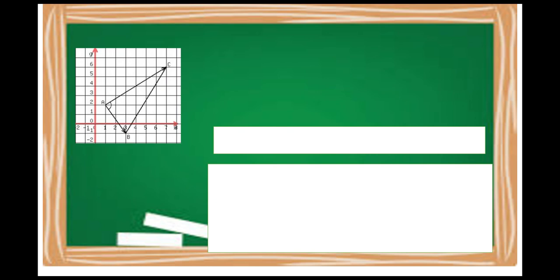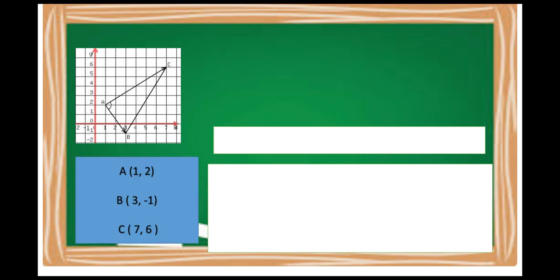Alright, let's go back to our previous figure and find the area of this triangle. As we know, the triangle is expressed by the points A, B, and C, where A is (1, 2), B is (3, -1), and C is (7, 6).